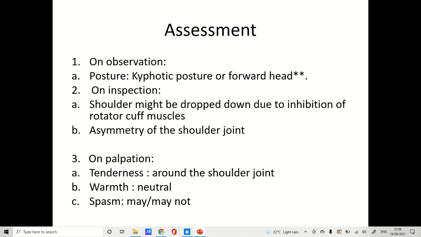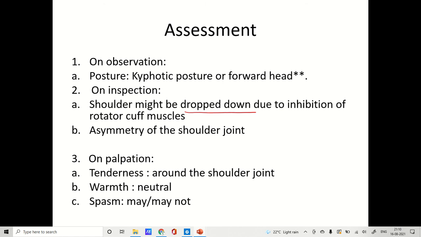On palpation, tenderness around the shoulder joint, as I told, the deltoid might be working overactively. That's why you can get a trigger point on the deltoid muscle as well. And I already told that there is a drop down shoulder because of the inhibition of the rotator cuff. You can feel that the turgor of the muscle is decreased. Warmth is neutral, it is not warm unless the condition is in inflammation.